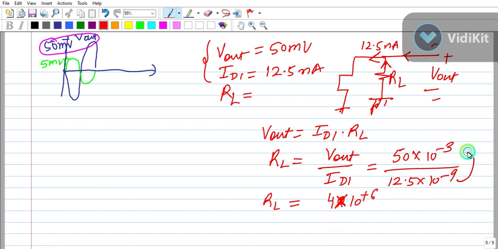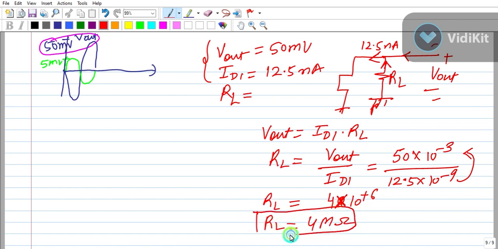This will go on top, and it will become plus 9, and minus 3 means minus 6. Okay, so RL is equal to 4 mega ohm, which is very big.